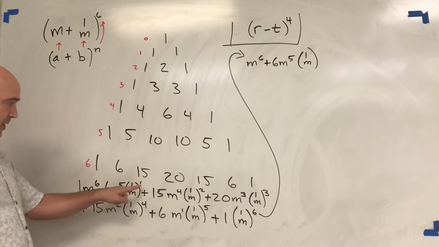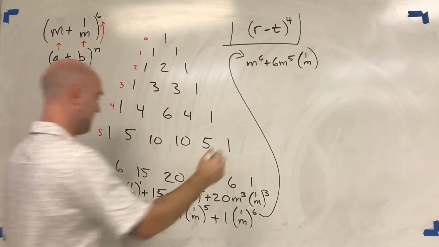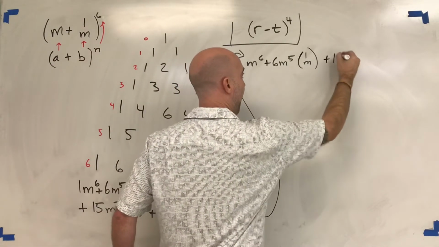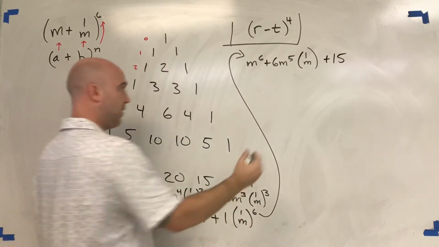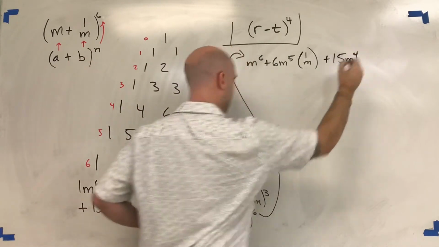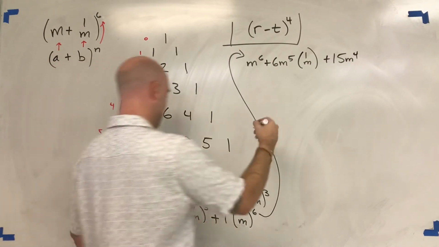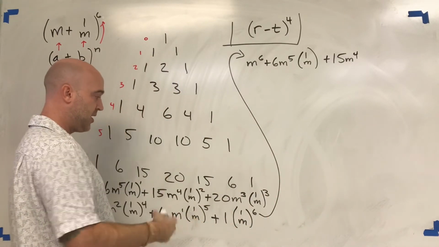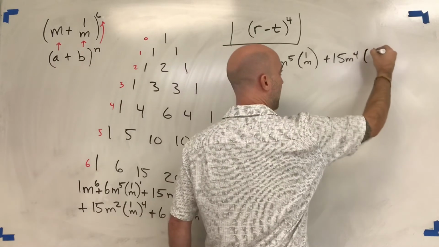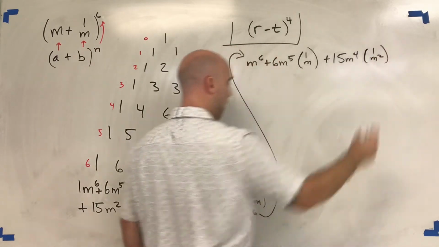So our choose, we don't need that exponent. Plus 15 m to the 4th. This exponent basically distributes to both parts. 1 times 1 is 1, so we'll just say 1 m squared.